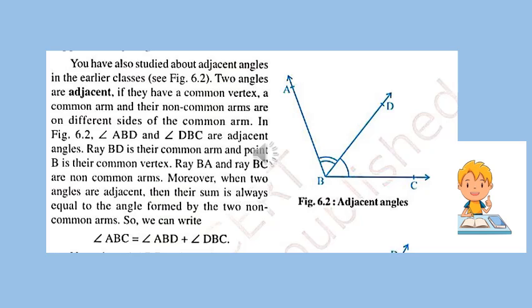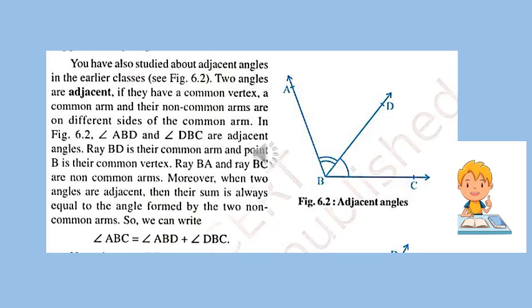So ray BD is their common arm and point B is their common vertex, and therefore rays BA and BC are non-common arms. These two angles are called adjacent angles when only one arm is common, and their vertex is common.